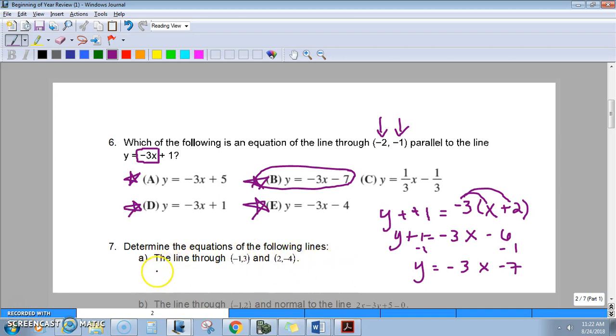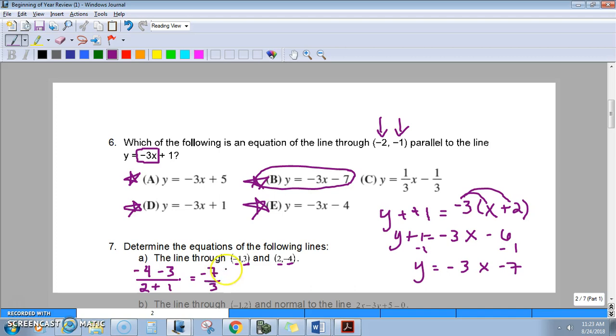So we have y2 minus y1, so -4 minus 3 over x2 minus x1, so 2 minus -1, which is actually just 2 plus 1. Okay, so this -4 was y2, this +2 was x2, this 3 was y1, and this -1 was x1. So let's simplify that. We have a 3 in the denominator and a -7 in the numerator.